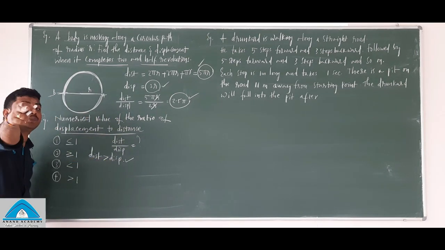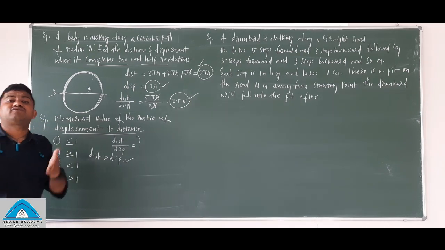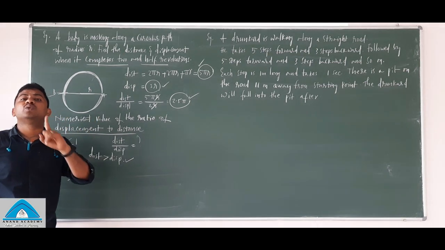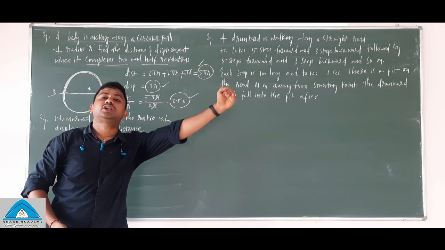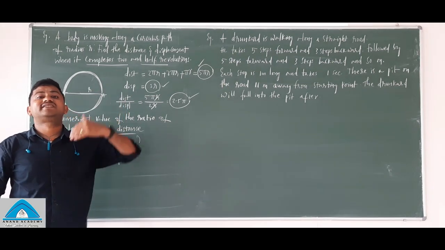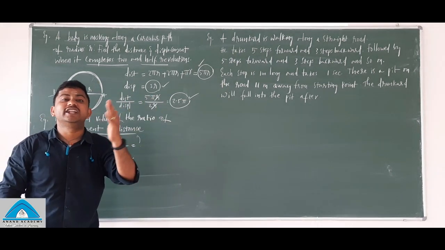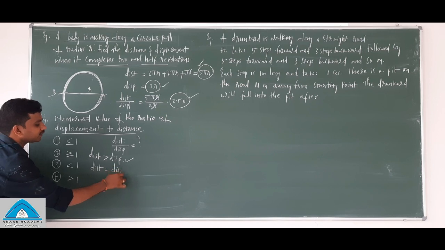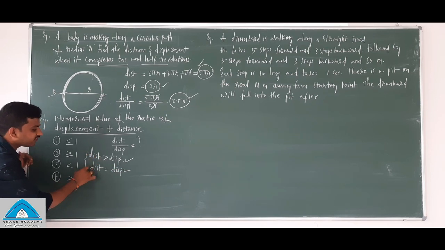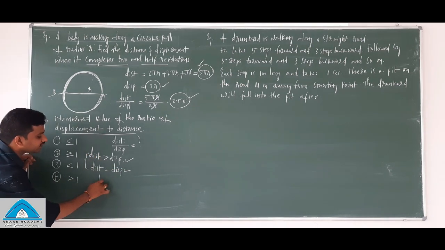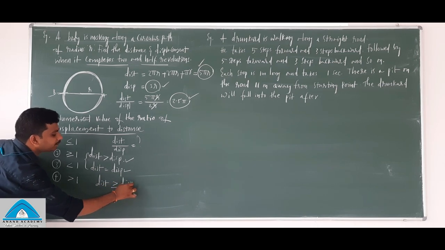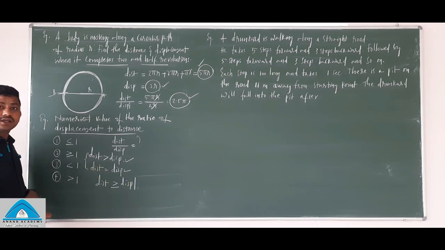And there is one more possibility, which I have told you many times during the discussion. As long as the body is moving in a straight line without turning back, distance is equal to displacement. So that is also a case. Both together, if I write, distance will be greater than or equal to displacement.